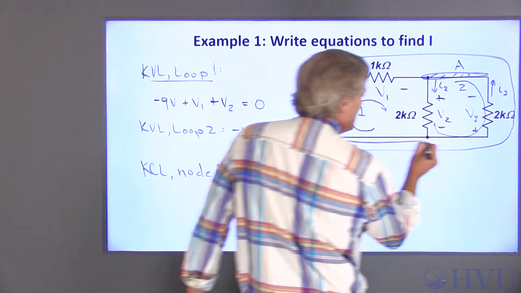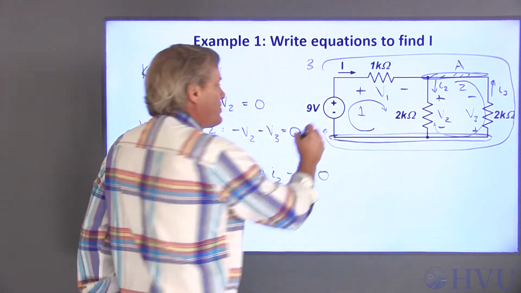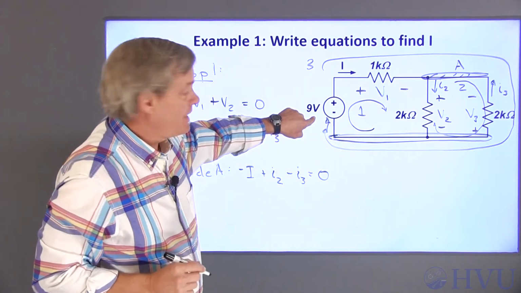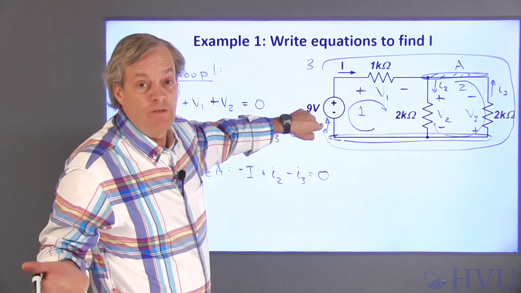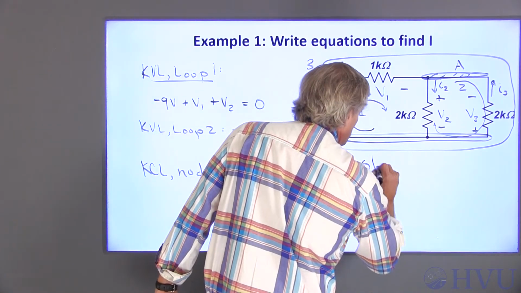I could do KCL down here. However, there's a current through this 9-volt source that I don't know what it is. So doing KCL here would introduce another unknown, and it would do me no good. I still have 3 Ohm's law cases, though.